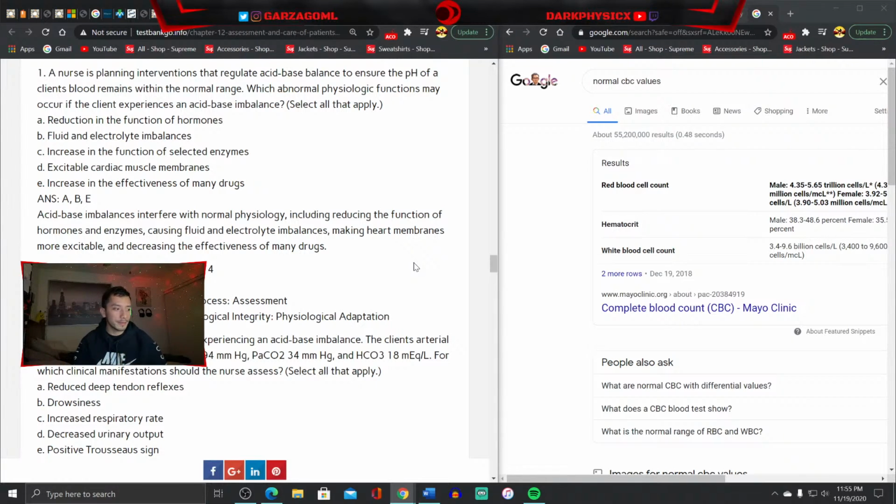Decreased urinary output. Shoot. Yes, I think. Positive Trousseau sign. Damn, I hate SATA so much, dude. Like, I feel like all these other ones I got right so well. Beasted them. And then it comes to these, I'm like, geez, man.